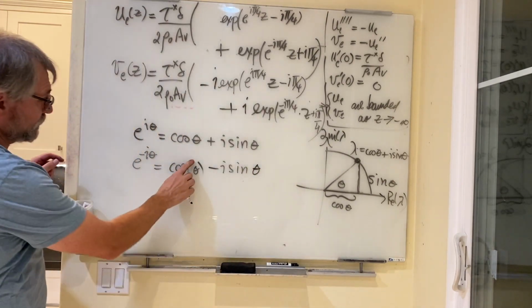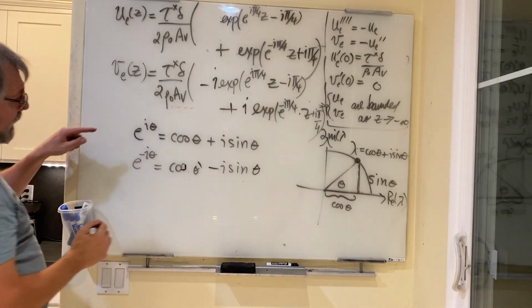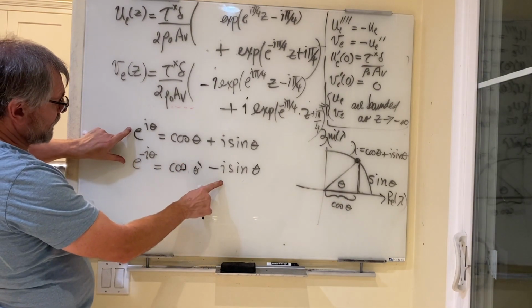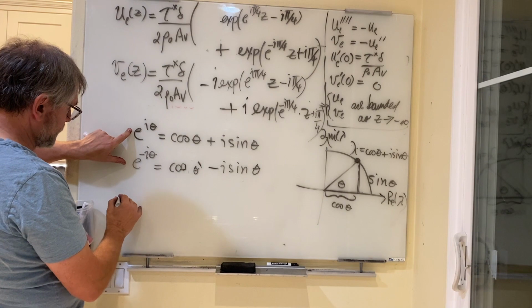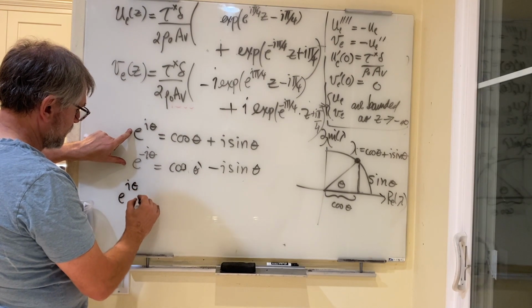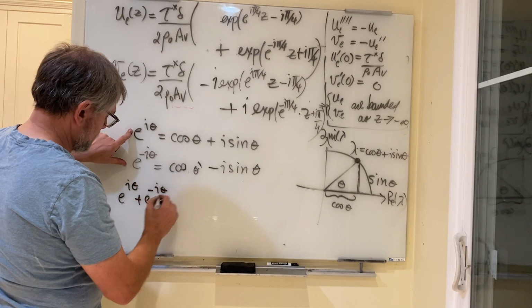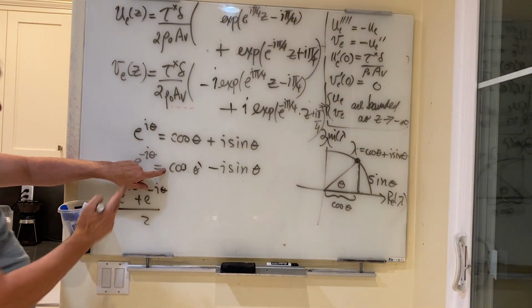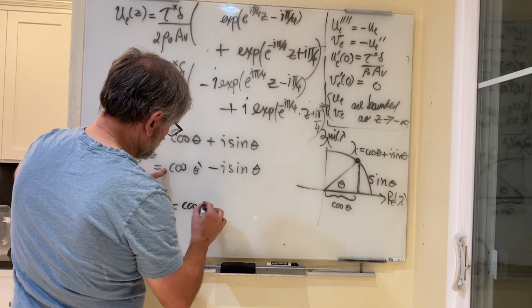And then what I can do is add these two equations together. The imaginary parts will cancel and divide by 2. So if I do e to the i theta plus e to the minus i theta and divide by 2, I get cos theta plus cos theta is 2 cos theta, divided by 2 is just cos theta.